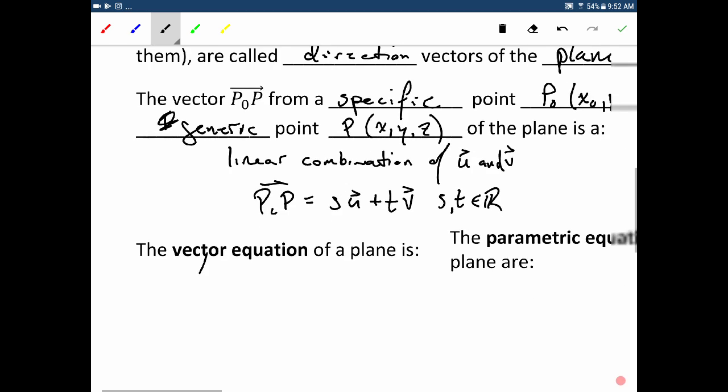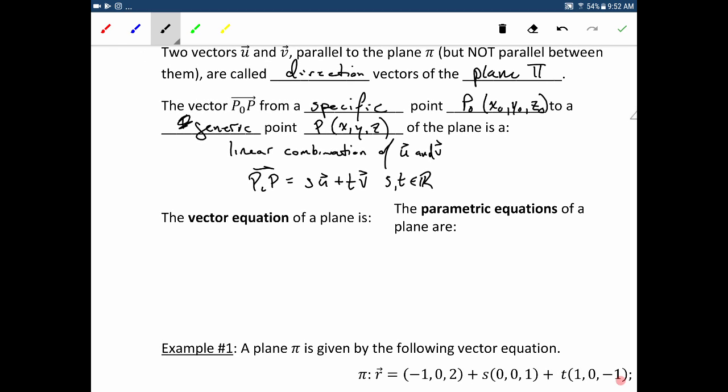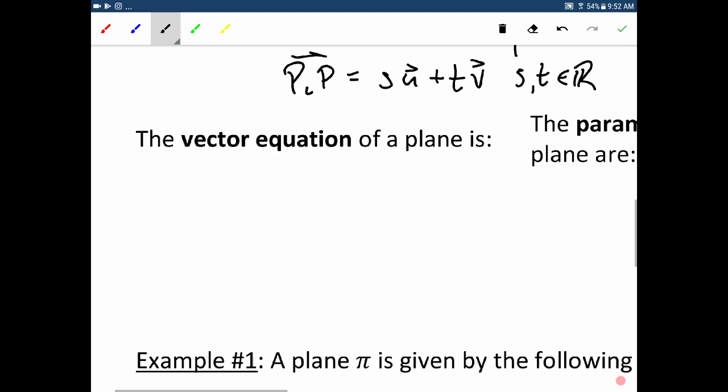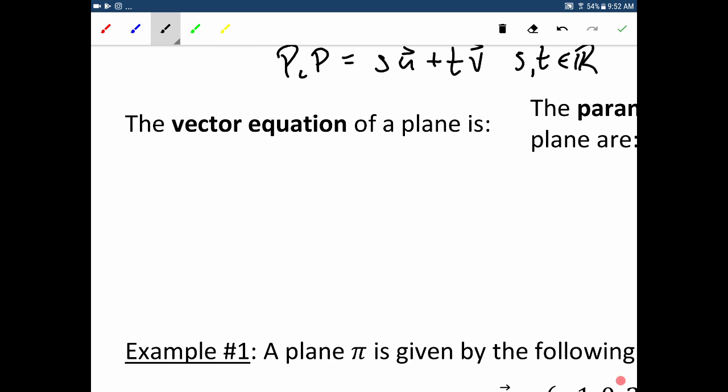But then, of course, we just have to give our starting value, which will tell us where that plane is located. So the vector equation of a plane, very similar to what we had with a line, is we create any position vector by taking that starting value and then adding that linear combination.